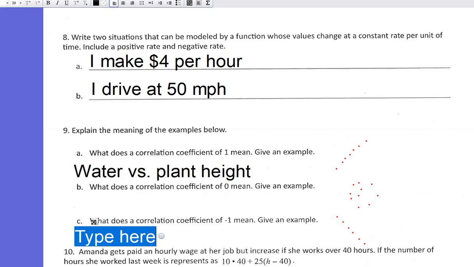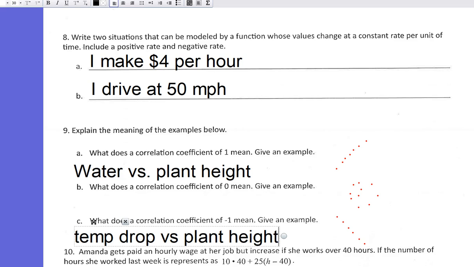Let's say temperature drop versus plant height. So when the temperature goes down, the plant height goes down. This is a cause and effect where they're positively correlated: more water, more plant height. This one is negatively correlated.